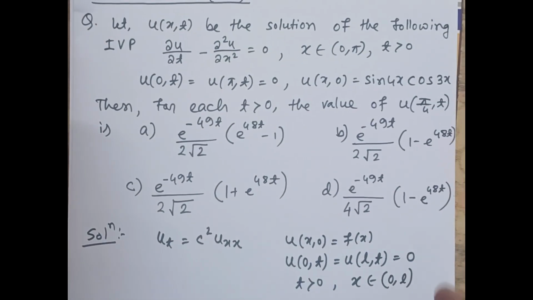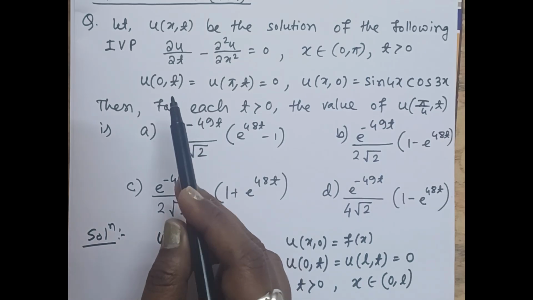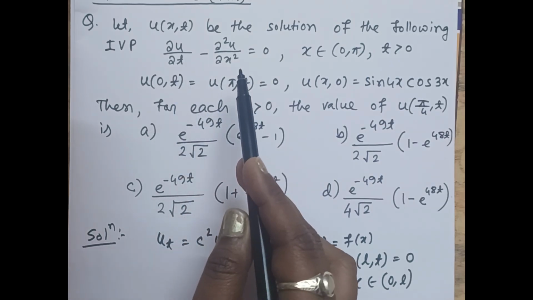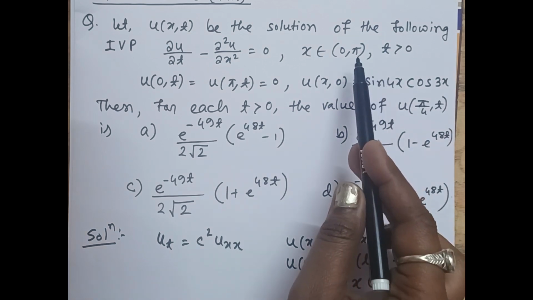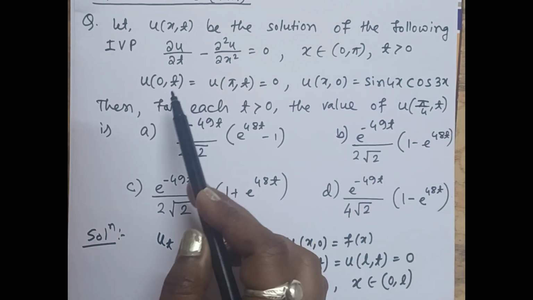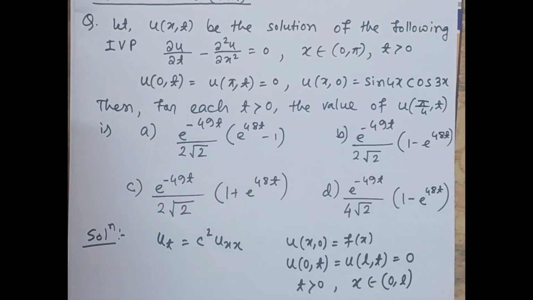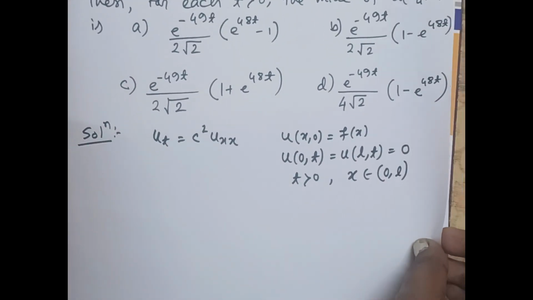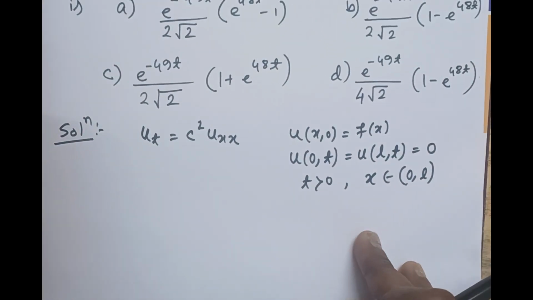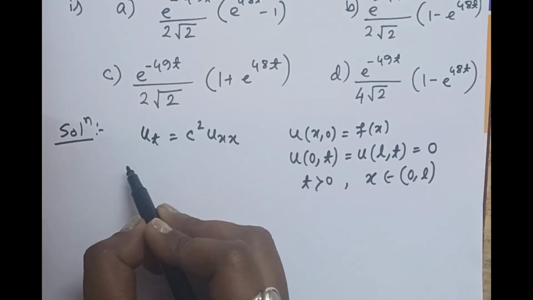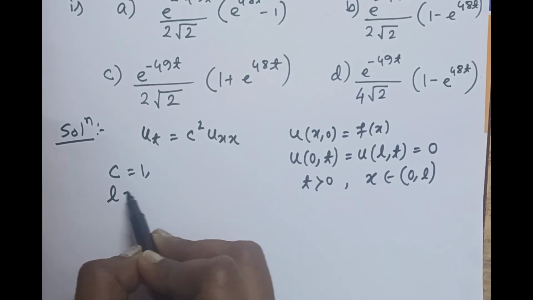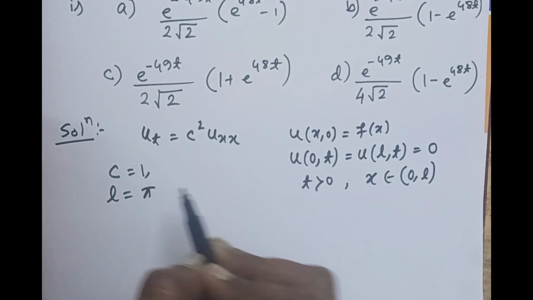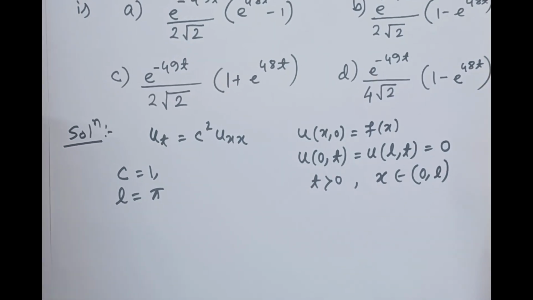But if we compare with the question, then c square equal to 1, so c equal to 1 and l is equal to pi, and the remaining functions are the same.